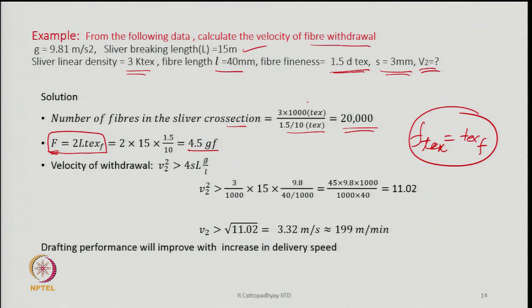So, the velocity of withdrawal has to be found using the other formula that we have deduced earlier. V2 square is 4 S L small g by small l. I am just substituting these values and getting V square to be 11.02. This will be velocity square, that means the unit is going to be meter square by second square.